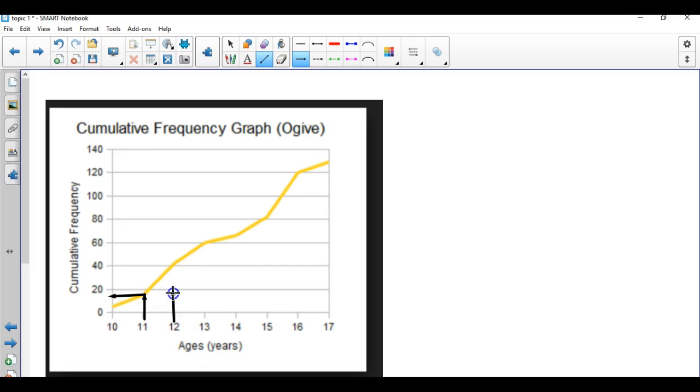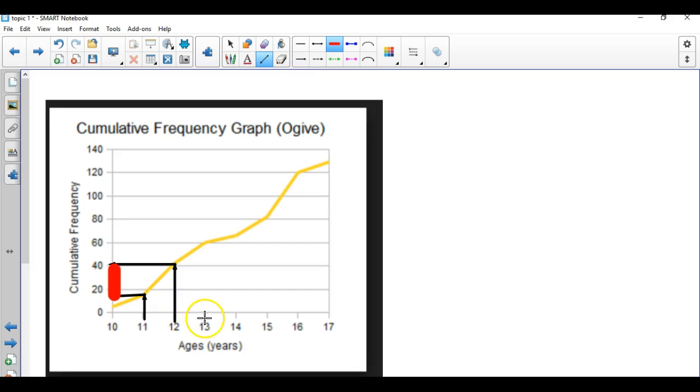From 11 to 12, there's a cumulative frequency of approximately 40, 41. If you look at the difference, that means that there's only about 22-ish people from 11 to 12 years old, and then we said there was 18-ish people from 10 to 11 years old, giving us a total frequency of 40.